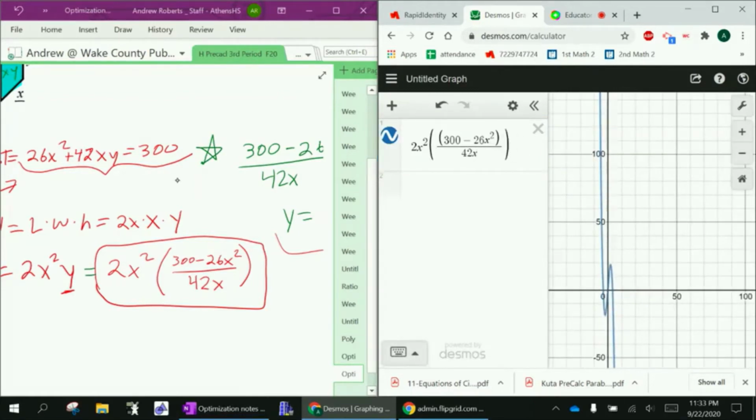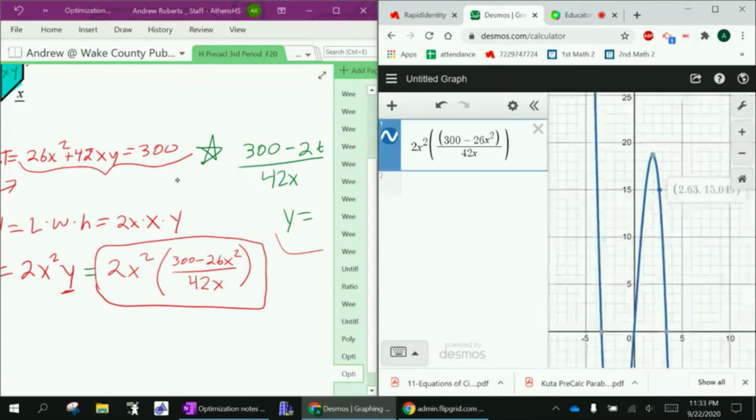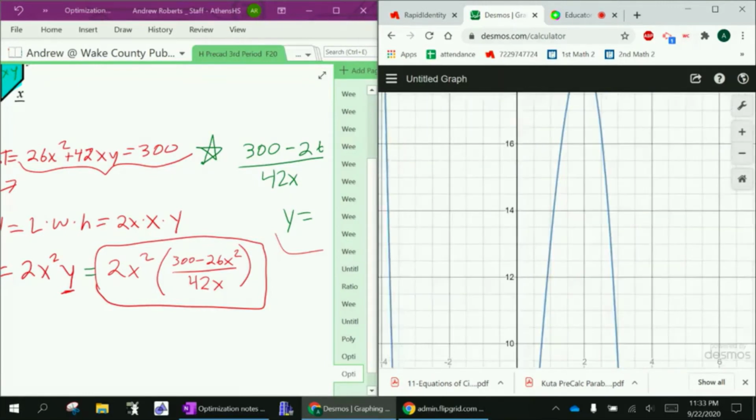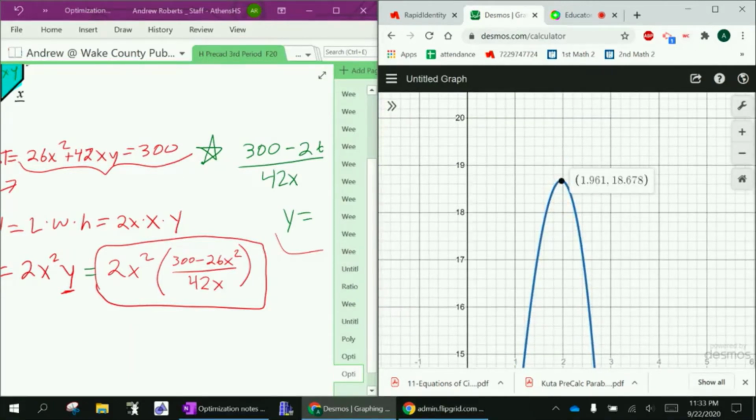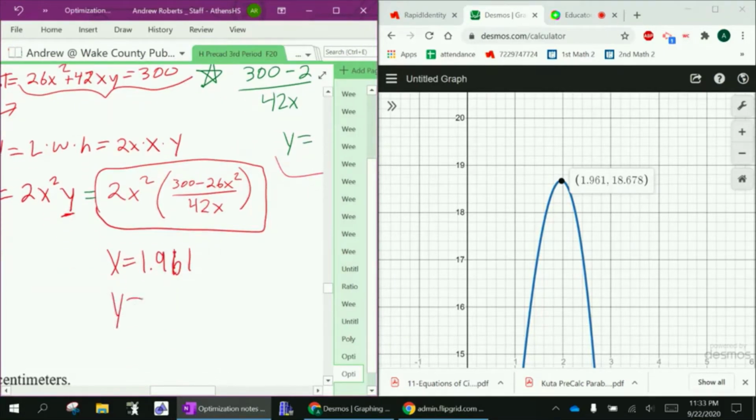Okay. If you look here, you can zoom in, you can see a good looking maximum right there. Trying to maximize our volume. I get 1.961, so x is 1.961. And y is 18.68.